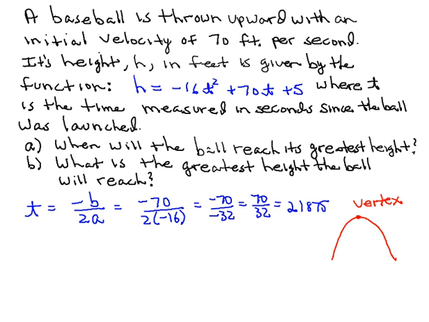Now to find the maximum height then, which will be in essence the y-coordinate of the vertex, we're going to substitute that value into the function. So h then will be equal to negative 16 times 2.1875 squared plus 70 times 2.1875, then plus 5.